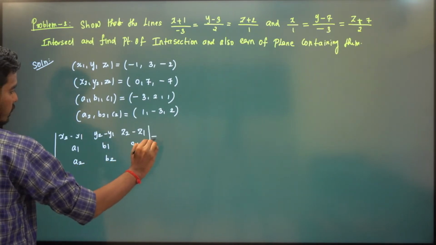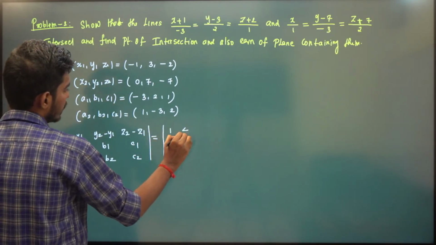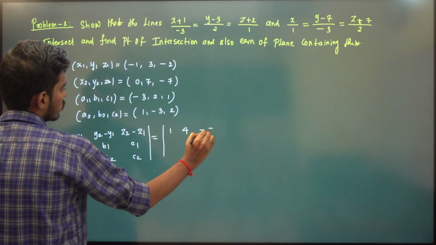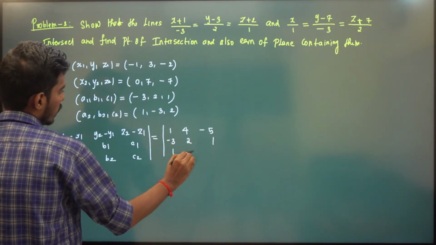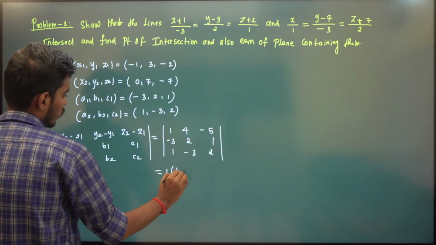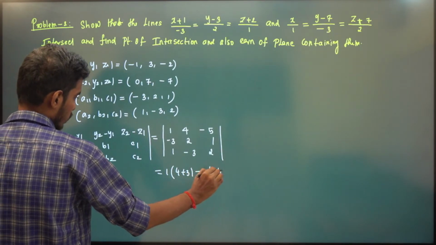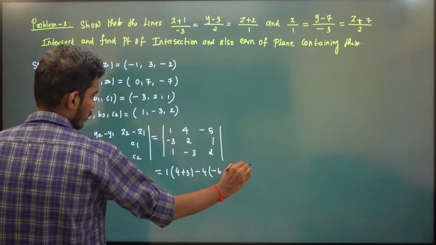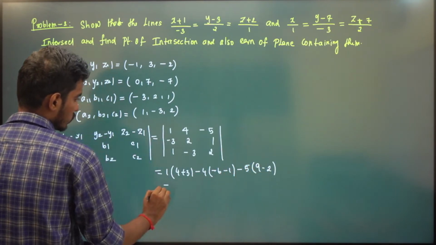So expand this determinant. 0 minus of minus 1 is 1, 7 minus 3 is 4, minus 7 plus 2 is minus 5, then minus 3, 2, 1, and 1, minus 3, 2. So 1 into (4 plus 3), minus (minus 6 minus 1), minus 5 into (9 minus 2).